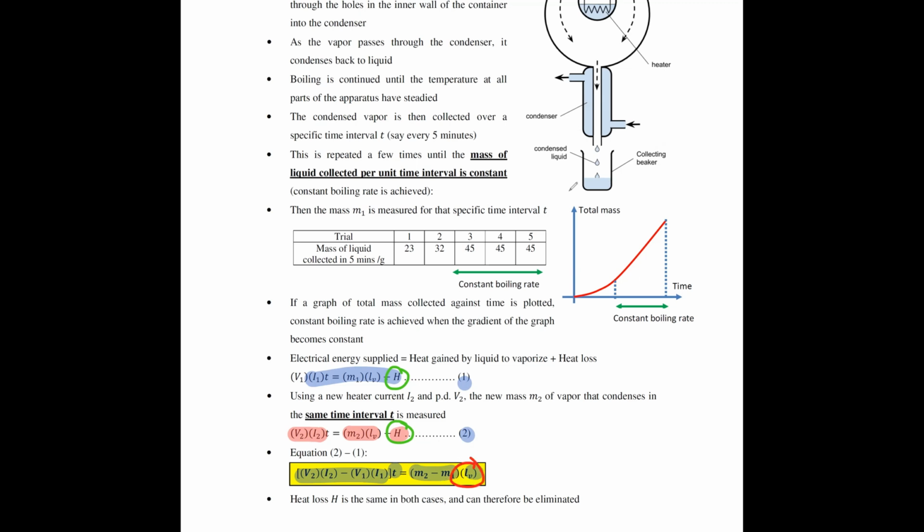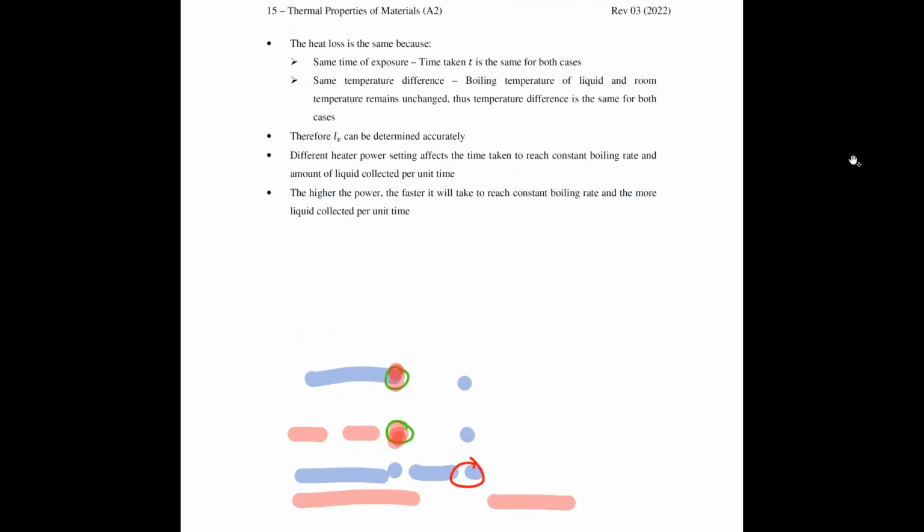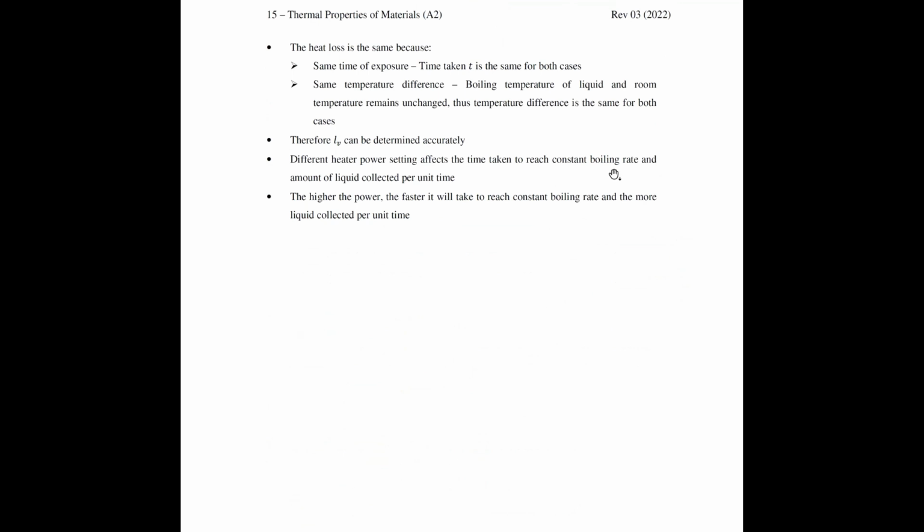Okay. Now, just now I mentioned to you that you can assume that these two heat losses are the same. It's only by assuming that both these heat losses are the same that your heat loss can be eliminated from the equation. Now, we can say that it's the same because of two things. For this one, you have to look at page 9, the next page.